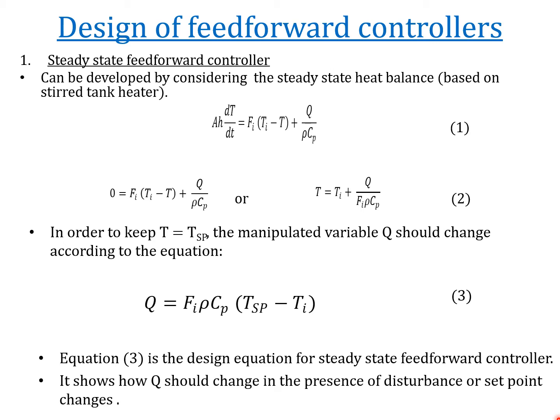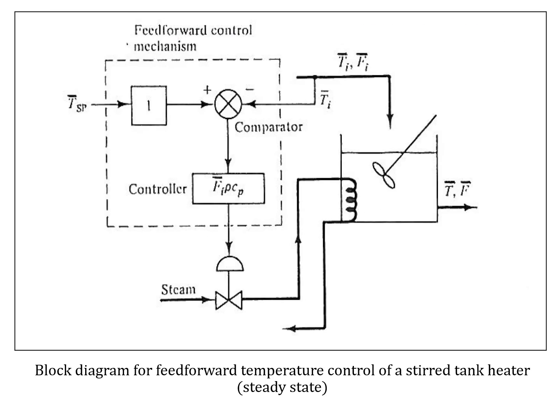This is a steady state equation, so this is the steady state feedforward controller, and it shows how Q changes in the presence of disturbance or set point changes. So we have a certain set point, and whatever disturbance comes in, this is how Q should change. So this is really a relation between the disturbance and Q. And you can see this clearly in our diagram here, where the inlet is being measured, and we have the set point equation here.